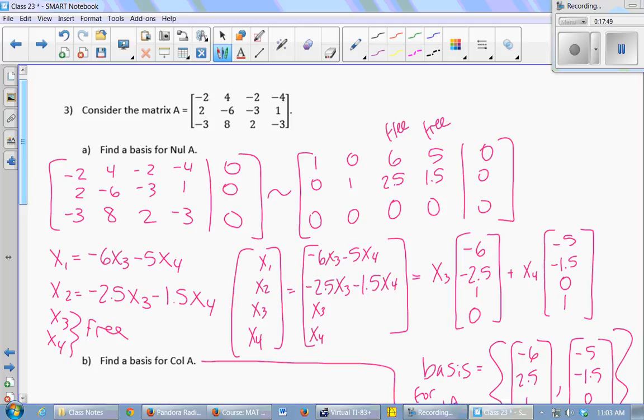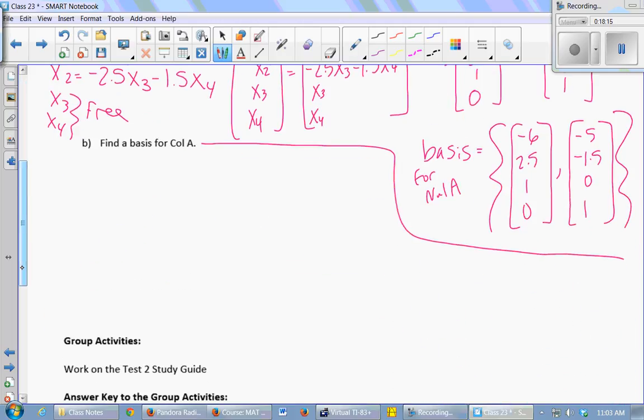So we're just going to row reduce it, which we already did, right, over here. My pivot columns were 1 and 2, so I take columns 1 and 2 of the original matrix, not the row-reduced matrix. So those two vectors form a basis. Pivot columns of A.